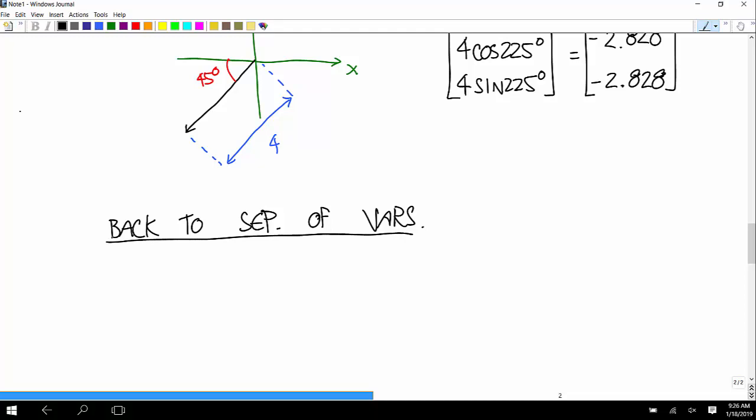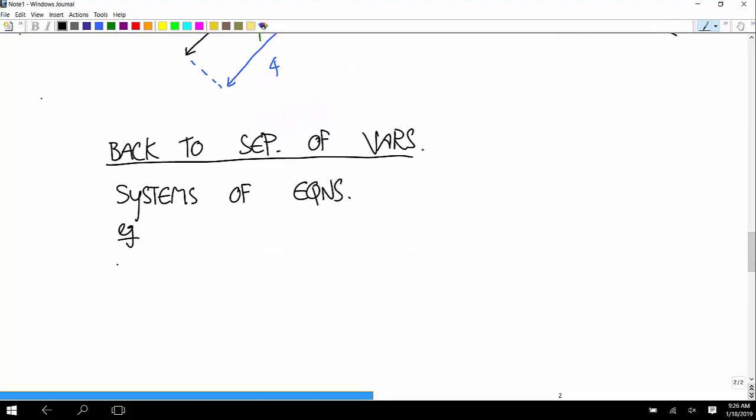One thing that's going to come up sometimes is systems of equations. For example, you could have something like x dot is equal to 5xt, y dot is equal to 2y squared t squared, and then with boundary conditions. So when can you solve those?